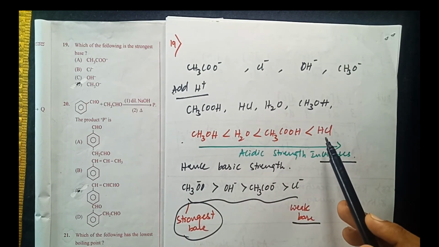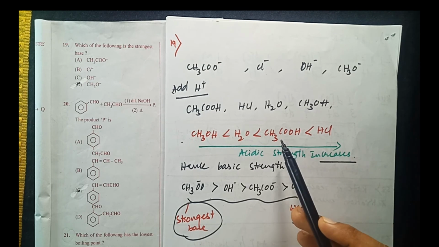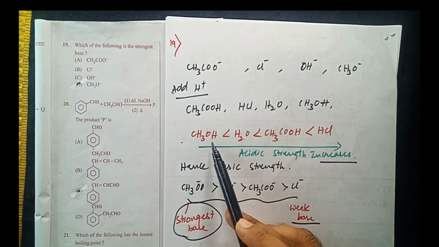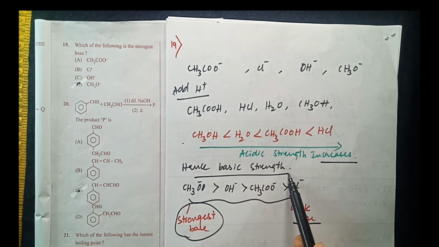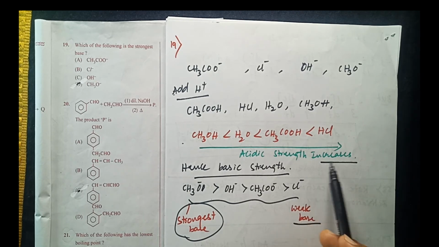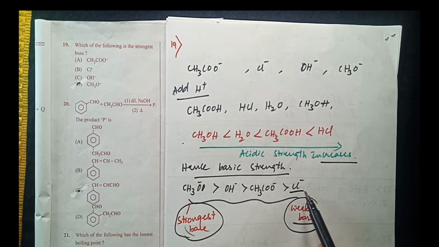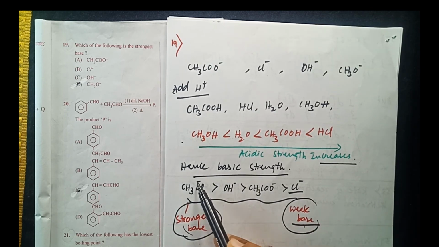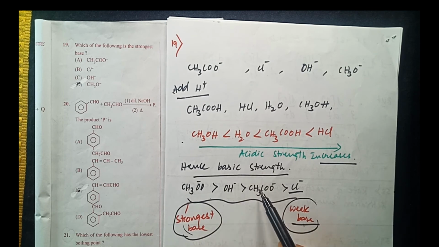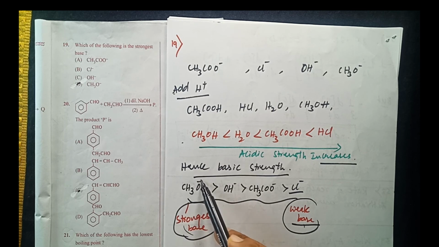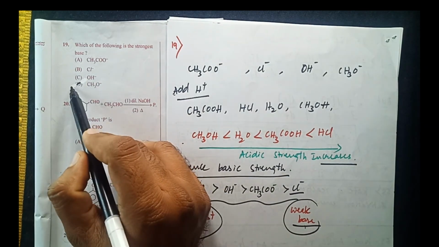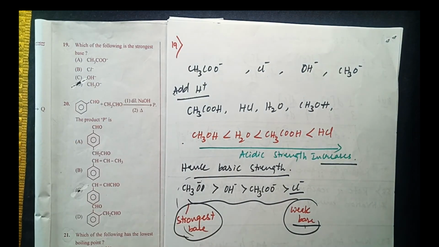HCl is the most acidic, then acetic acid, then H2O, then CH3OH. Basic strength is in the reverse order of acidic strength. So CH3O minus is the strongest base, and Cl minus is the weak base: CH3O minus greater than OH minus greater than CH3COO minus greater than Cl minus. So the fourth option is the right answer.